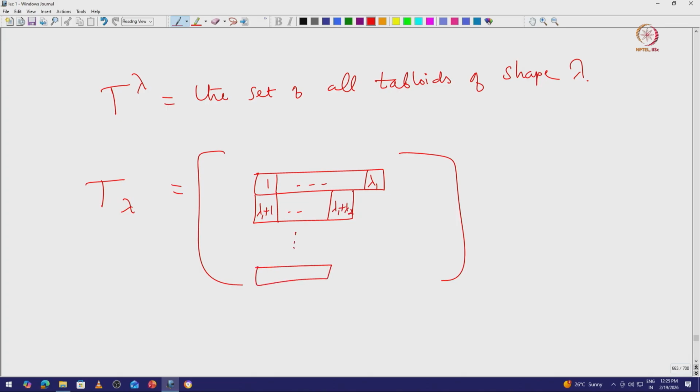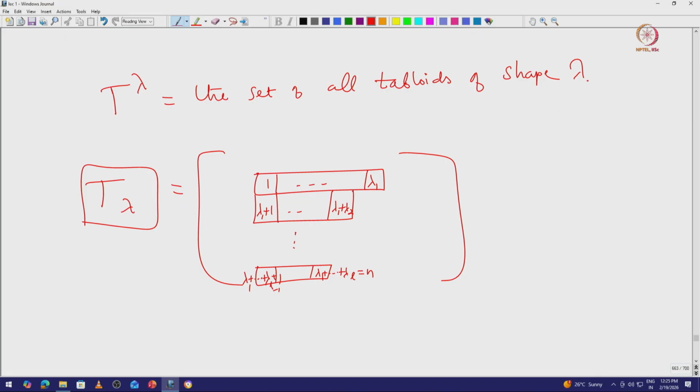At the end it will be lambda 1 plus etc. plus lambda L, which is exactly n, and it will start with lambda 1 plus etc. plus lambda L minus 1 plus 1. You take this unique tableau, and the tabloid associated with that is denoted by t lambda, and this notation will be used again later.